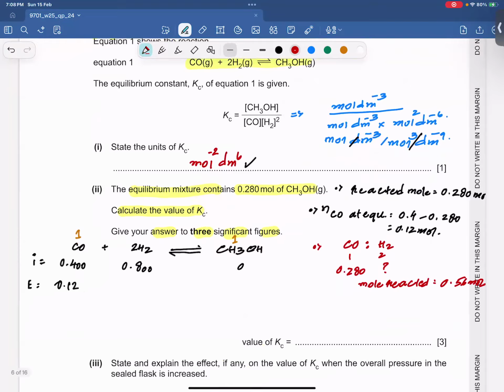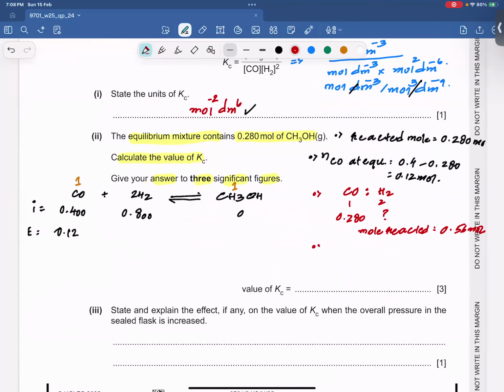This means moles of hydrogen at equilibrium needs to be found out by using the initial value of 0.8 moles, and the reacted amount of hydrogen is 0.56. So the remaining amount at equilibrium of hydrogen should be 0.24 moles. So the amount of hydrogen left at equilibrium is 0.24, and the amount of methanol at equilibrium is already given in the question, which is 0.280.